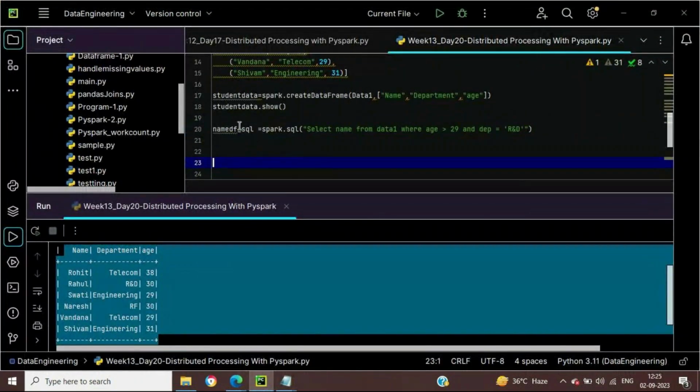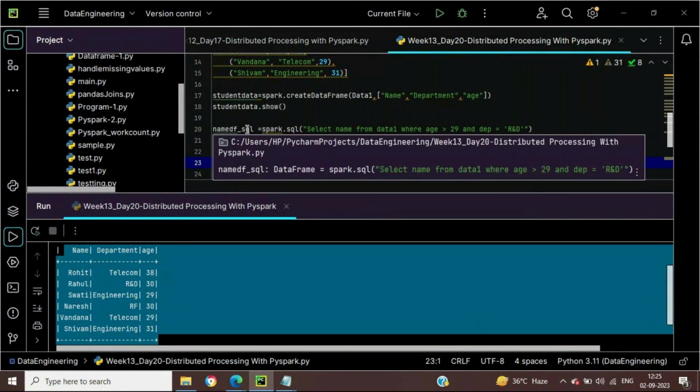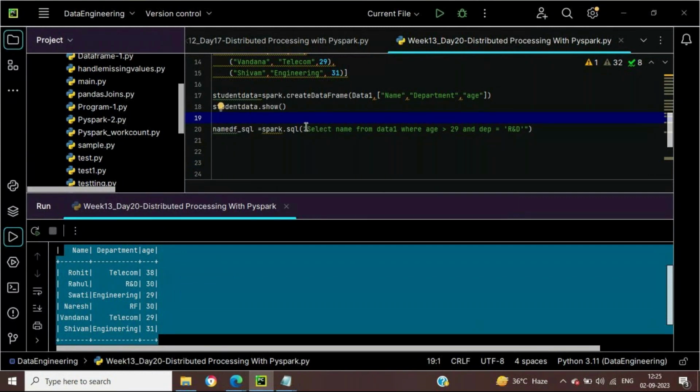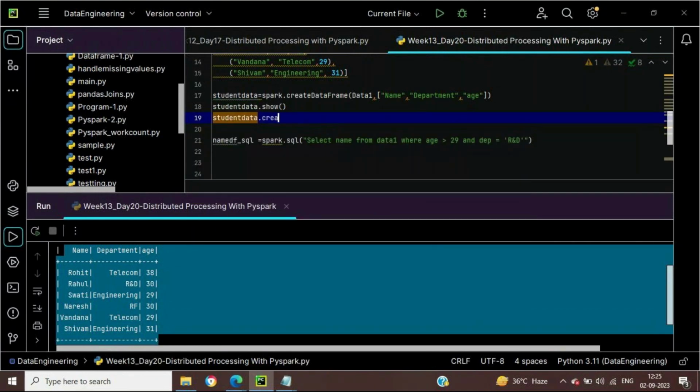Okay, and now we can have this particular query which is pasted by Rahul. So spark.sql, and we just need to create a temp view, basically: student data dot create or replace temp view, and we can give a name data one. So let me give a good name, say student table. So this is the temporary view that we have created on top of this data frame.